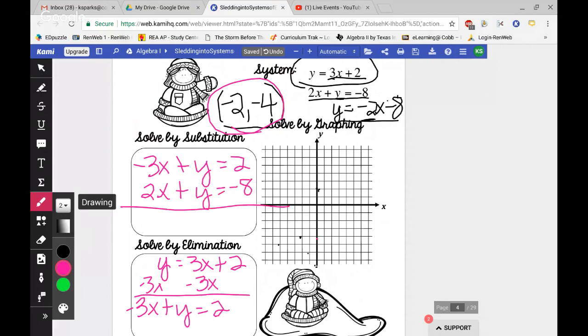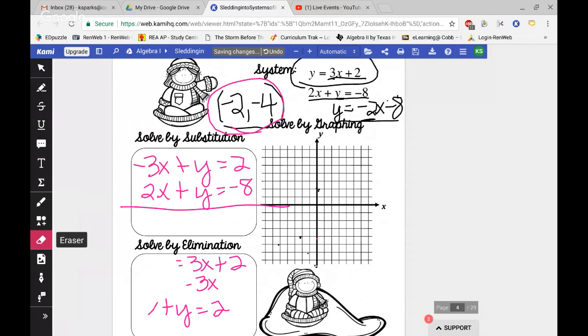Now, are there two coefficients that are the same or opposite? What is the understood coefficient on that y? Positive? Yes. But what's the number? 1. Yes. And they're both a 1. So they're the same, right?